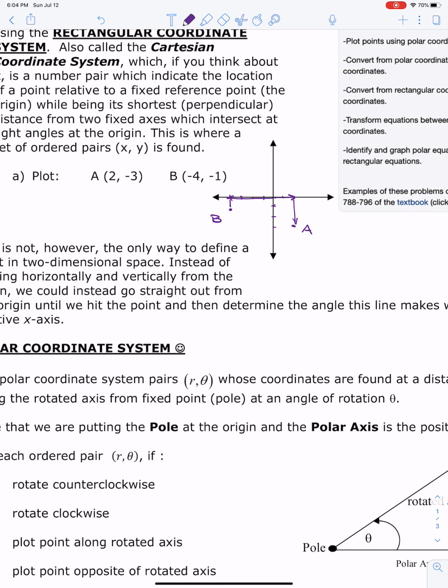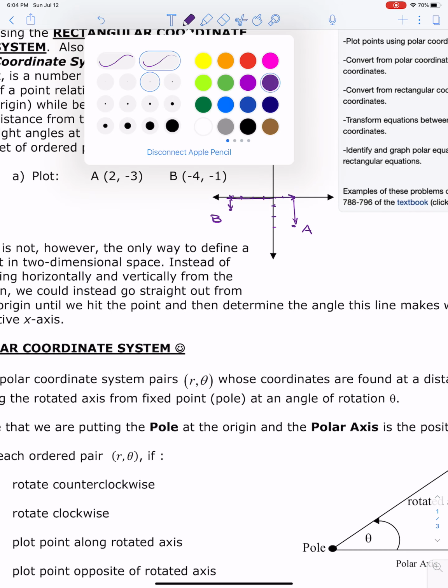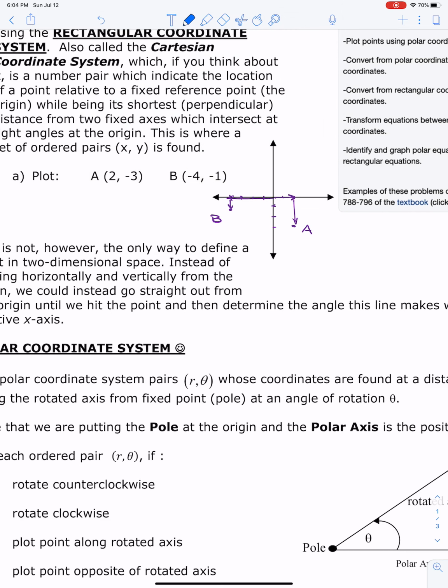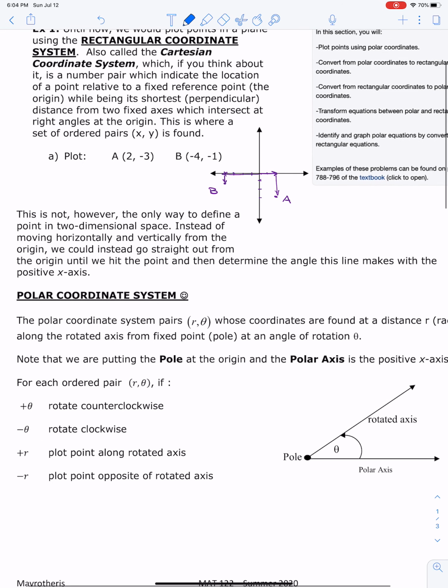Think back to when we were taking a look at the unit circle. We actually have a different way that we can plot things on the plane, and that's using the polar coordinate system. Let's look at point A here.